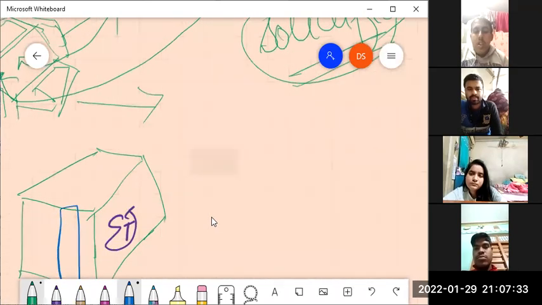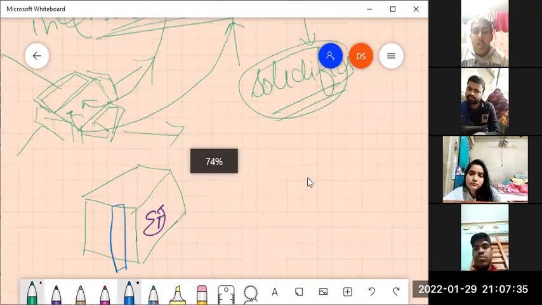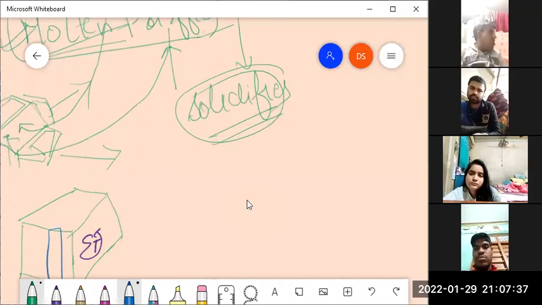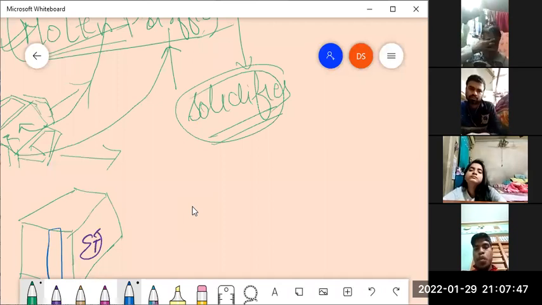Let me repeat. We are first melting the paraffin, and into that molten paraffin, we are placing our block of tissue. Right? After placing the block of tissue, we are covering that block again with paraffin.